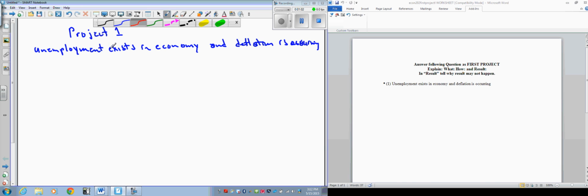So the two key things are unemployment and deflation.